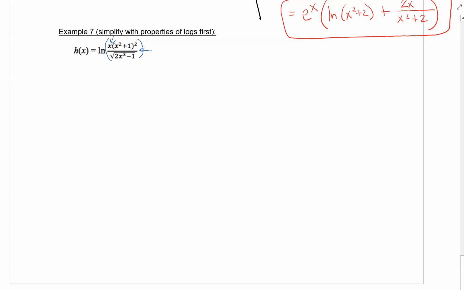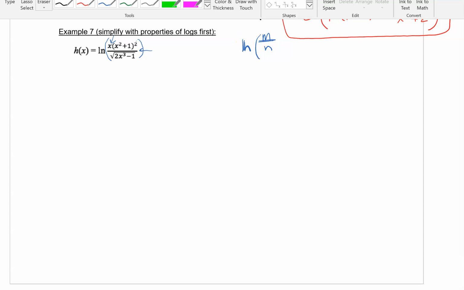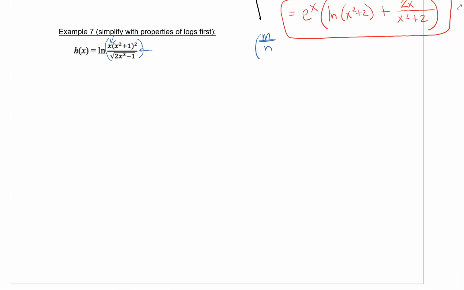So let's review some of the properties of logs really quick. Properties of logs say if you have two things dividing inside of a log, I'm just going to use natural log because sometimes students forget natural log is just a log base e. Then what you can do is take the natural log of each part separately and subtract.